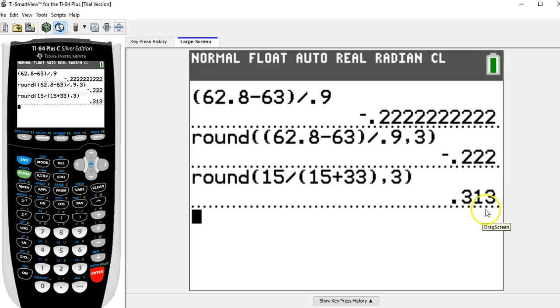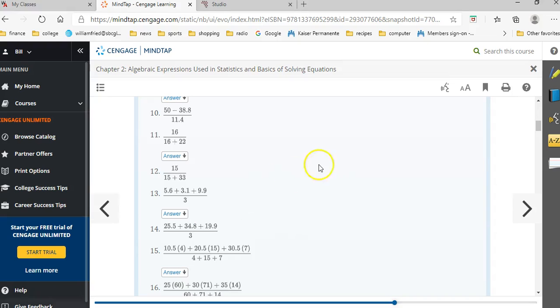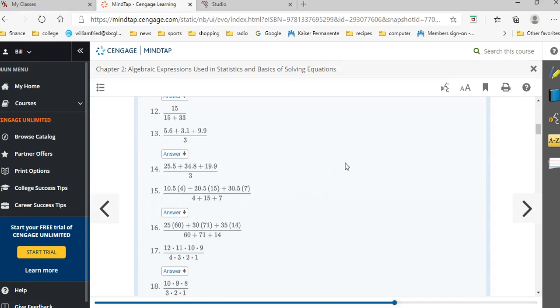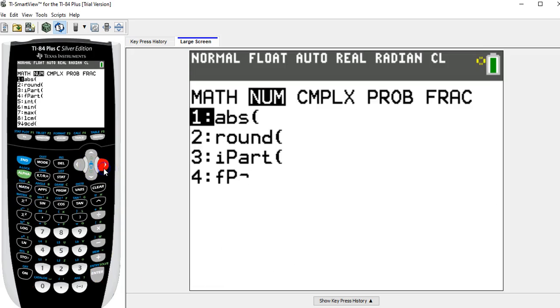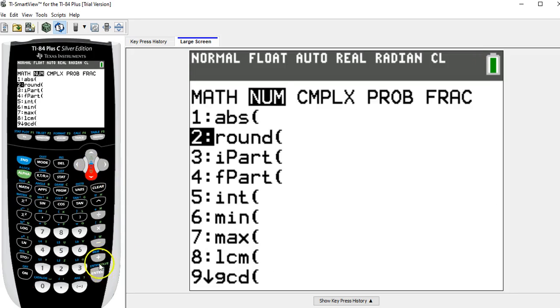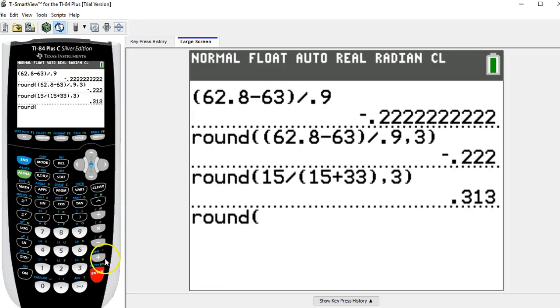Now sometimes they'll have more than one number in the top and the bottom, and you have to put a parentheses around both of them. That's happening in number 16 here. So I'm going to do number 16, and I'm going to start with the round business. Math, num, round, and I'm going to start with a parentheses for the top.